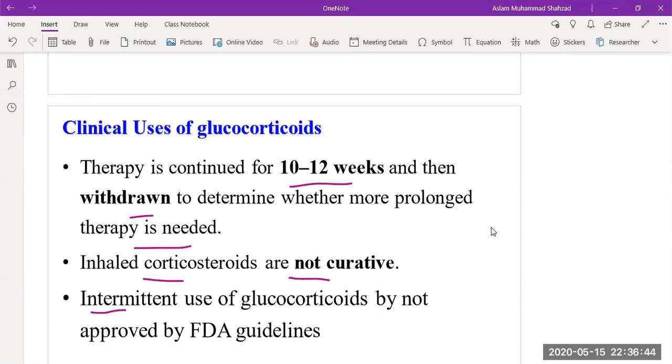This is the important point, that intermittent use of glucocorticoids is not approved by the FDA, as we discussed before, that they are not meant for intermittent use. They are given for prolonged effect, for long-term use, because these drugs are not curative. They are just managing the symptoms, such as reducing the inflammatory mediators such as leukotrienes, or acting through mast cell stabilizers.